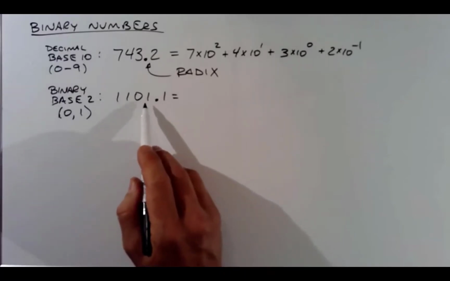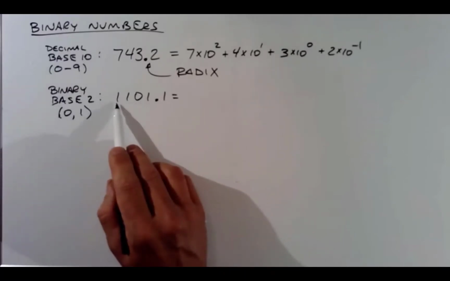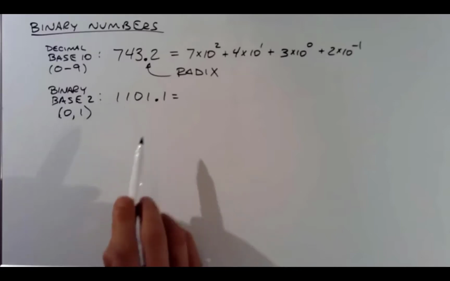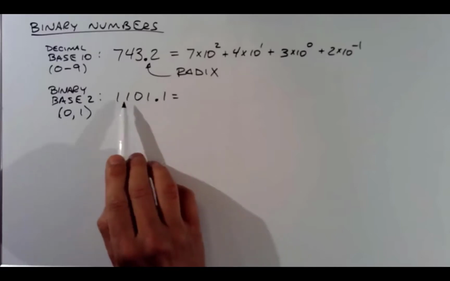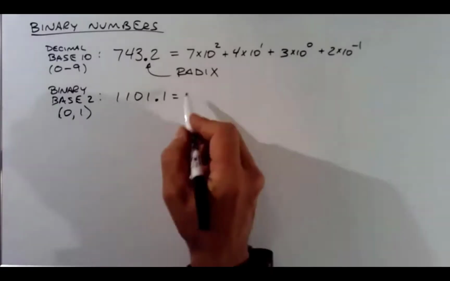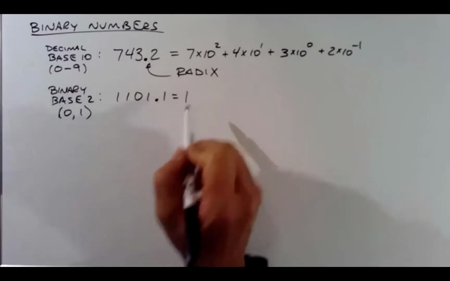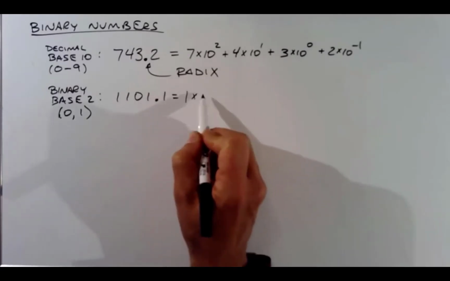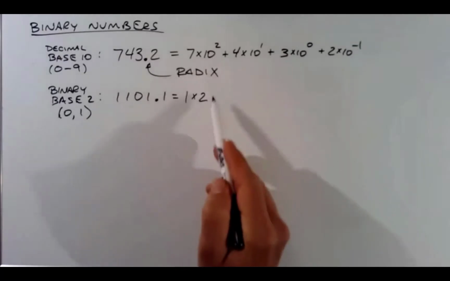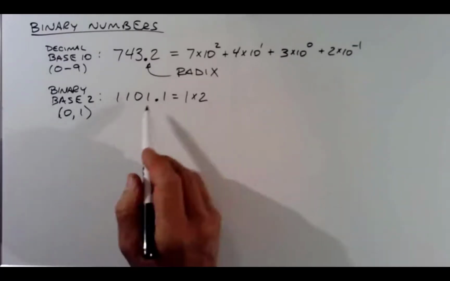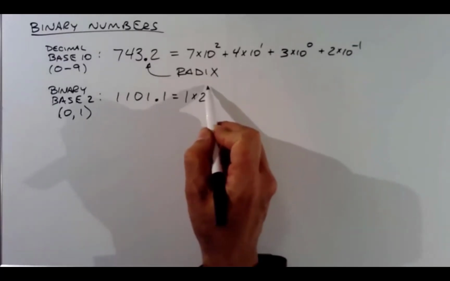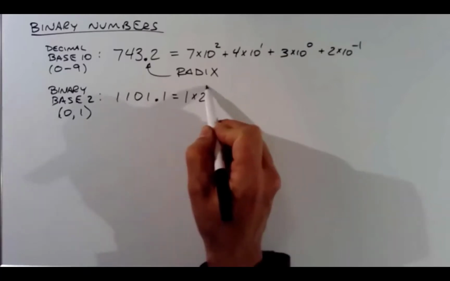Let's go to the leftmost position, which is position 3. So it's a 1 times the base, not base 10, base 2, to the power of the position, which is 3.